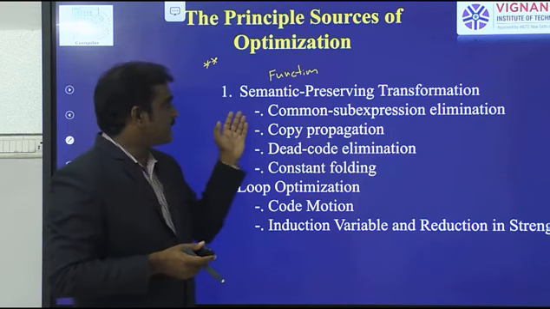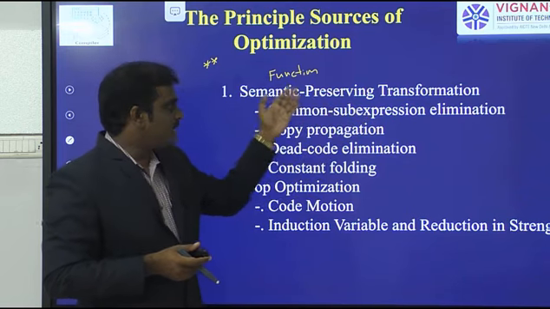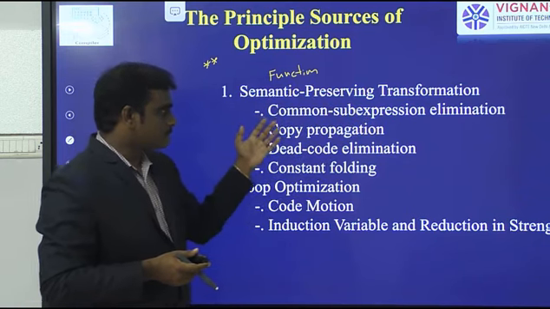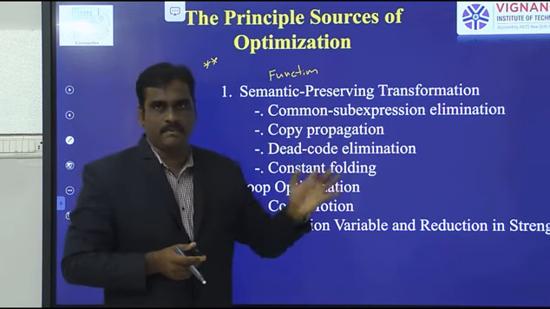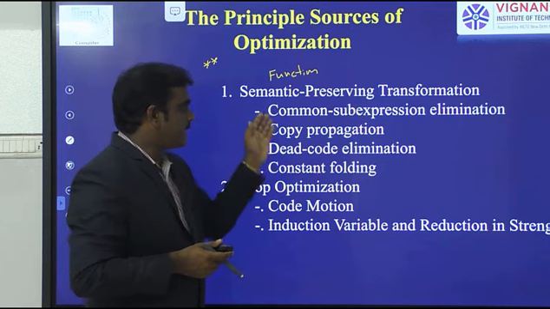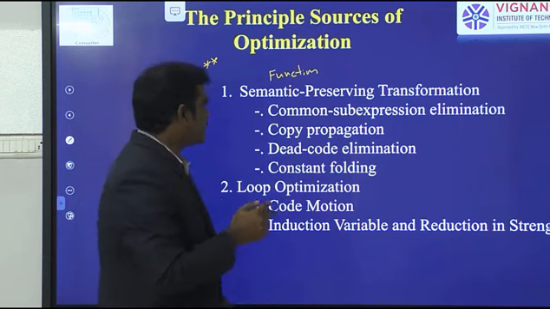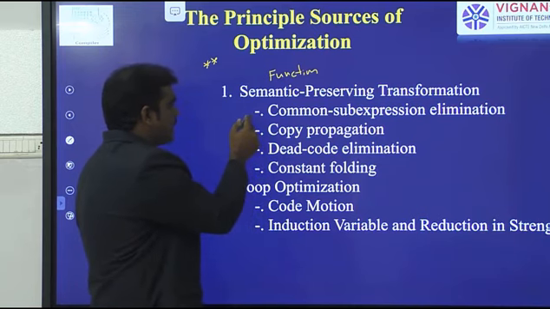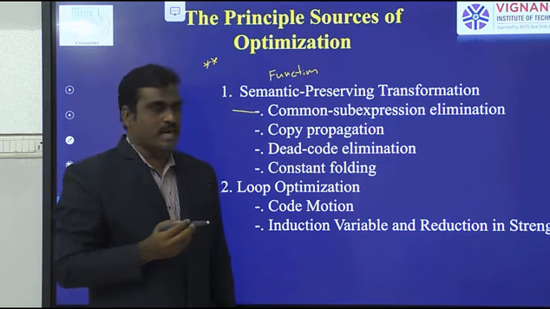The first one is the function or semantic preserving transformation, in which we mainly concentrate on the elimination of common subexpressions.